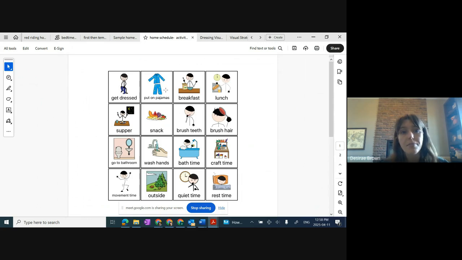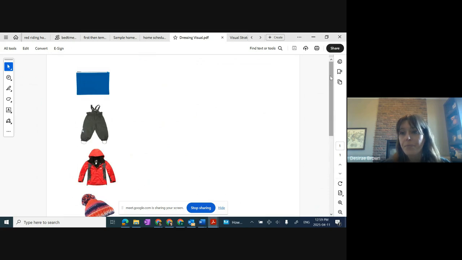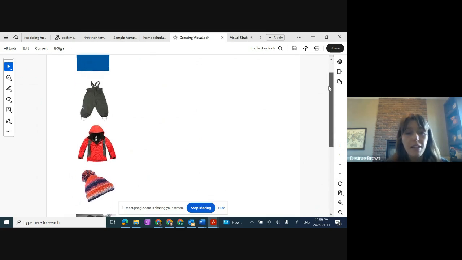There's also some pictures there of certain things for getting dressed. These are things that you can use to make your own schedule. So getting dressed, having breakfast, brushing your hair, going outside. So you can make your own schedule a bit more tailored. This is that dressing schedule that I mentioned.